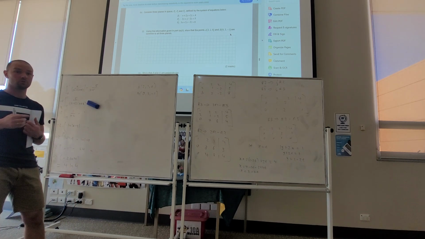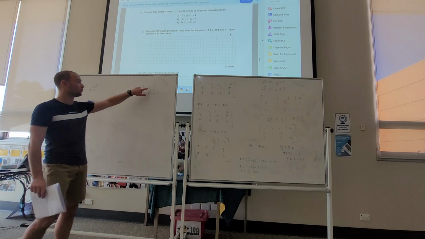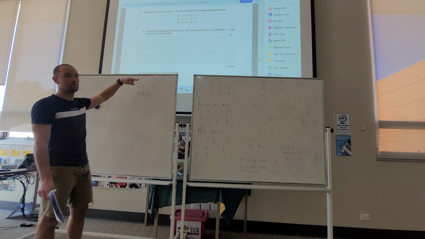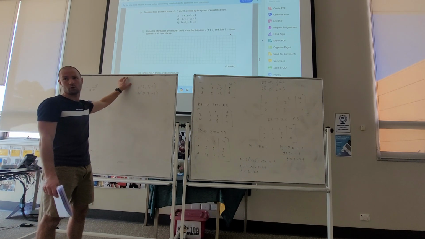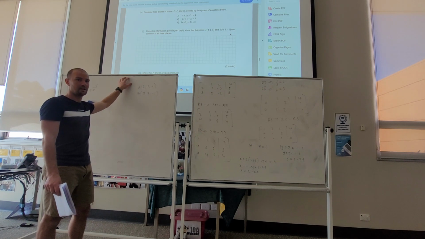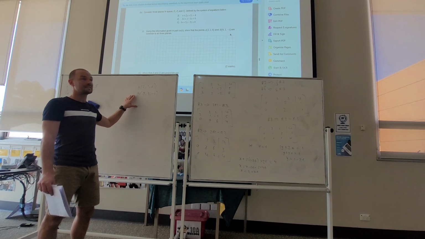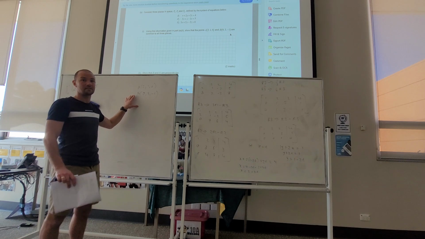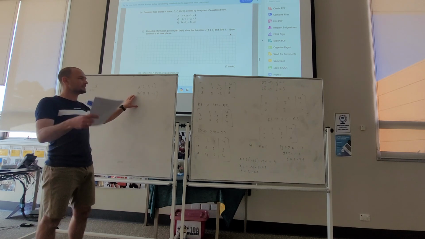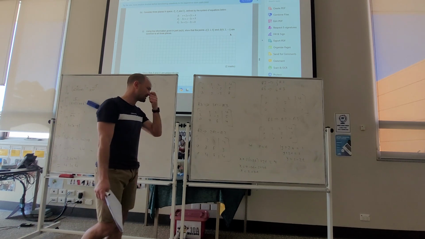So one way to do that, the long way to do it, would be to take the coordinates A and substitute them into plane 1, plane 2, plane 3, and show that left-hand side equals right-hand side, and then do the same with plane B. That's 6 calculations, right? That's a long way of doing it. So you must think there must be an easier way to do it.